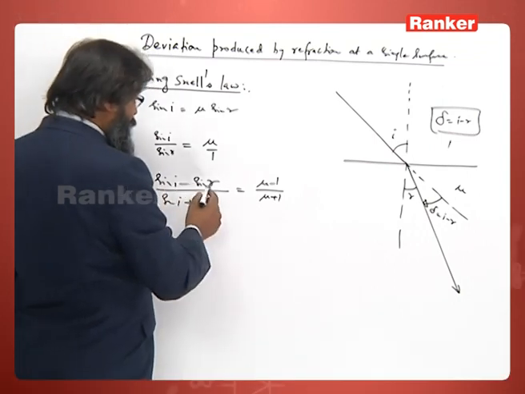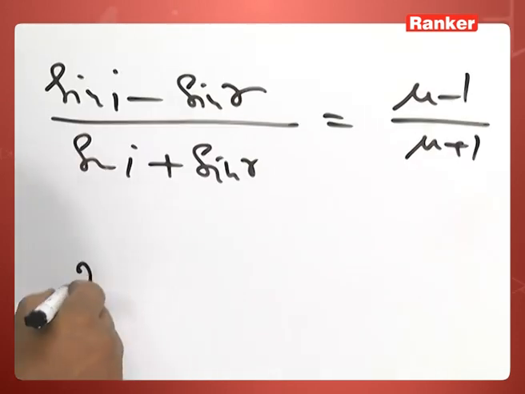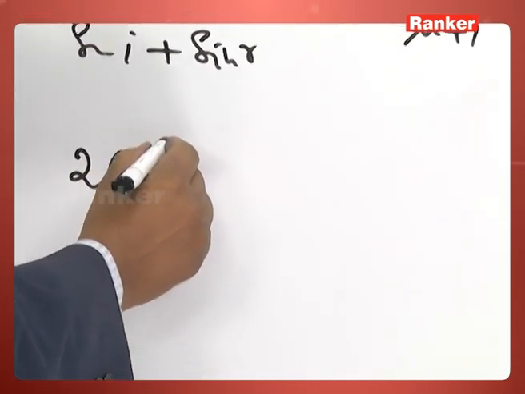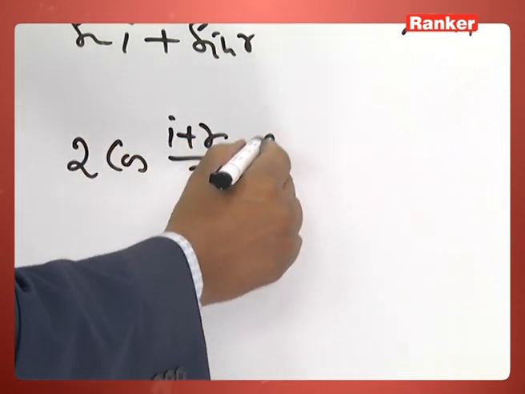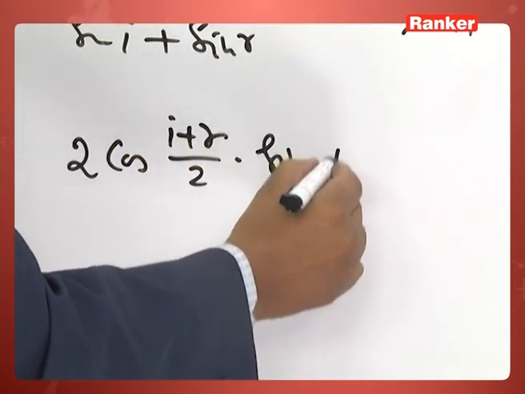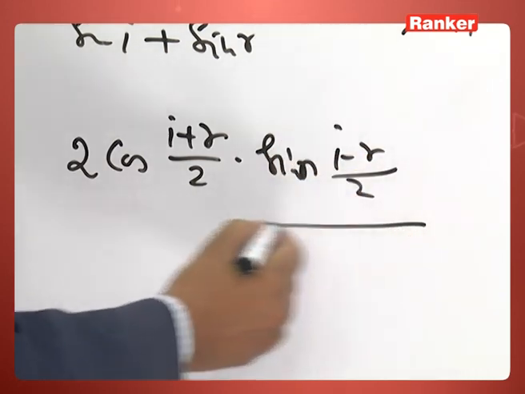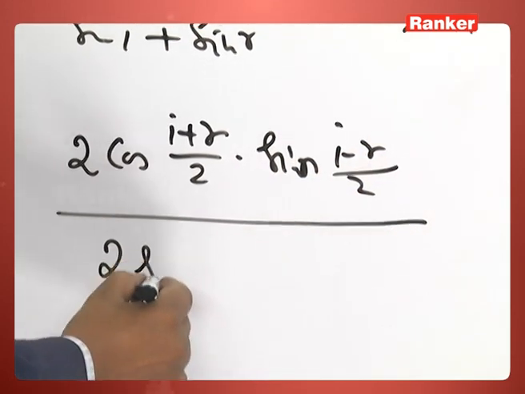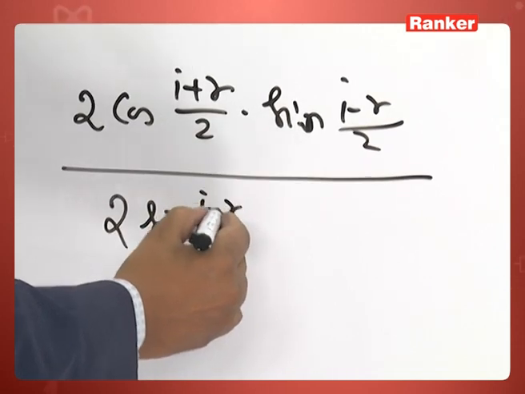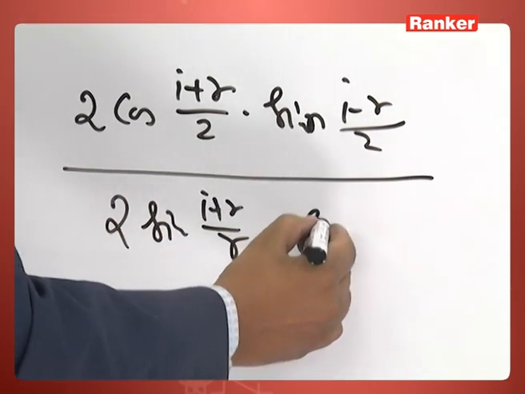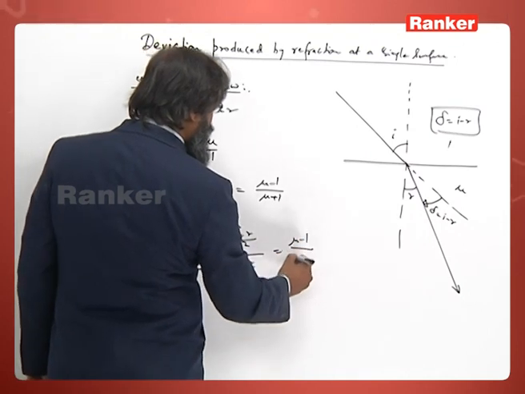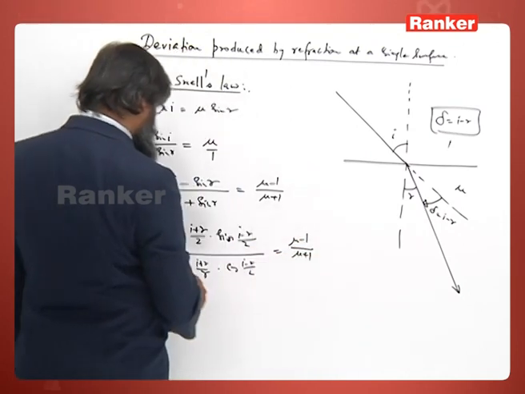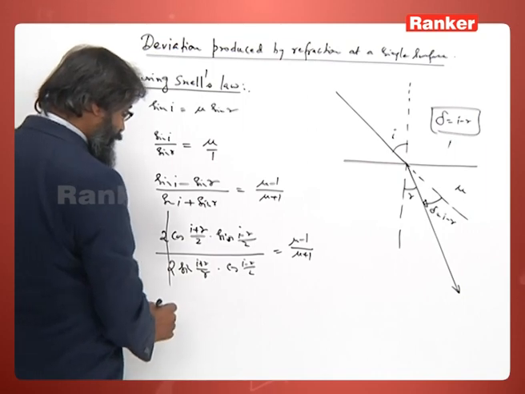Now, this sin I minus sin R is 2 cos (I plus R)/2 sin (I minus R)/2 by 2 sin (I plus R)/2 cos (I minus R)/2 is equal to mu minus 1 by mu plus 1 we got. 2 cancels.